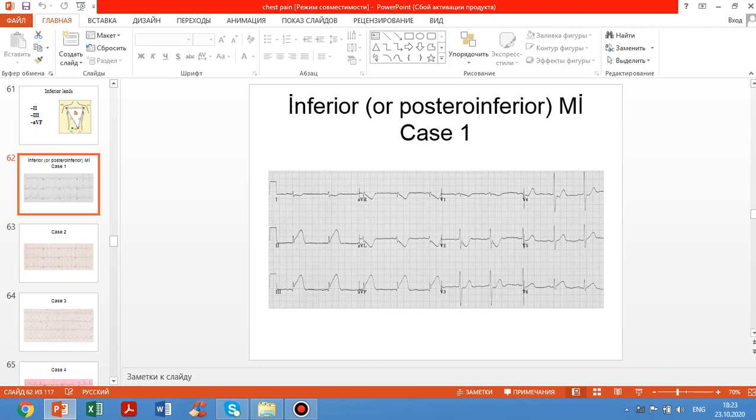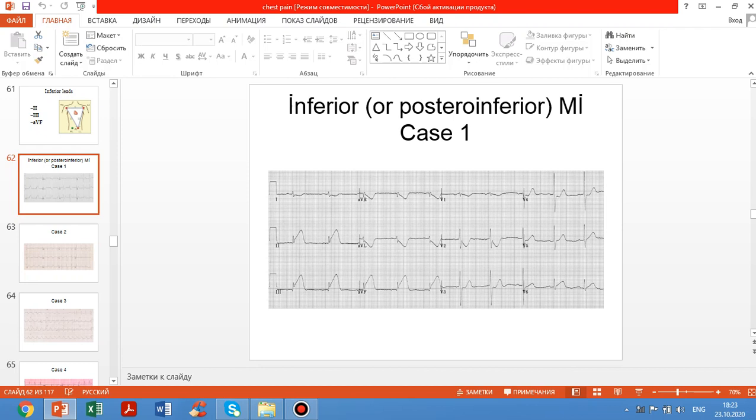You can see in this slide the elevation on second, third, and AVF leads, and the depression on leads AVL and first lead.